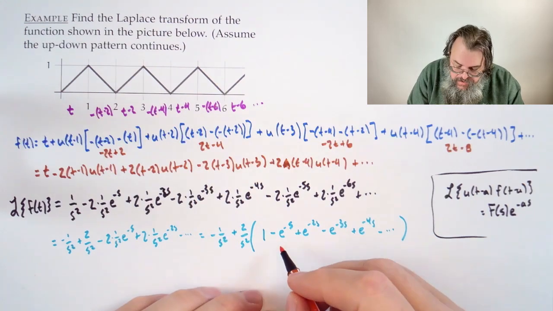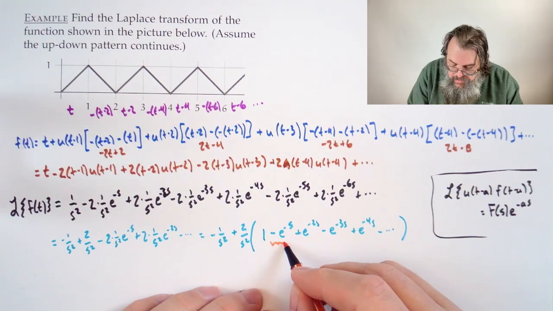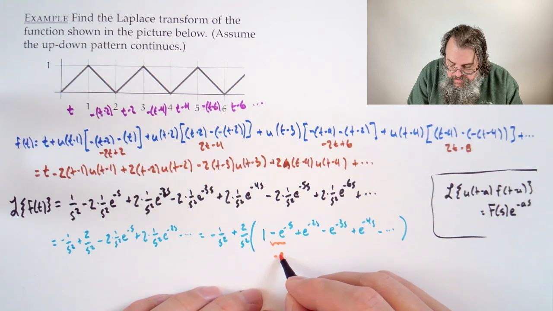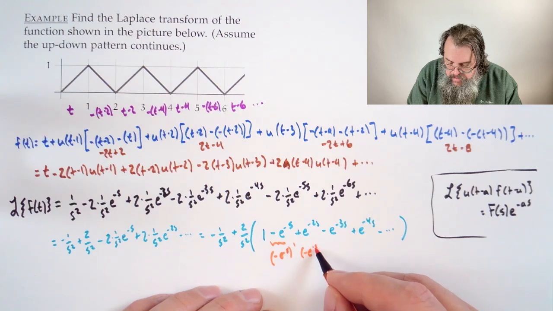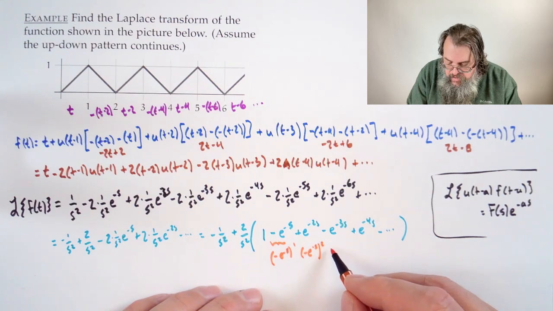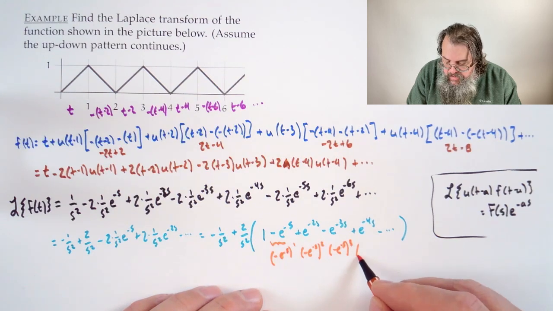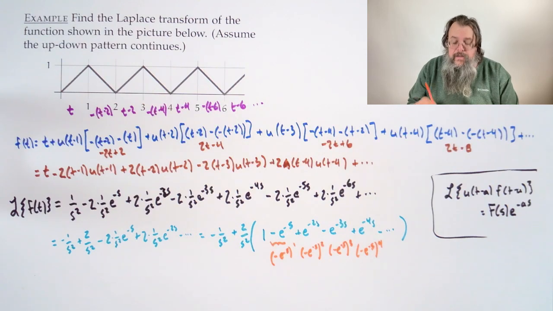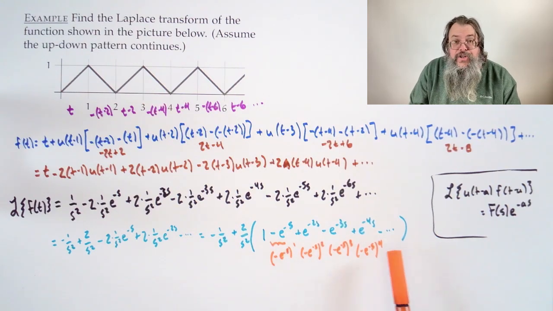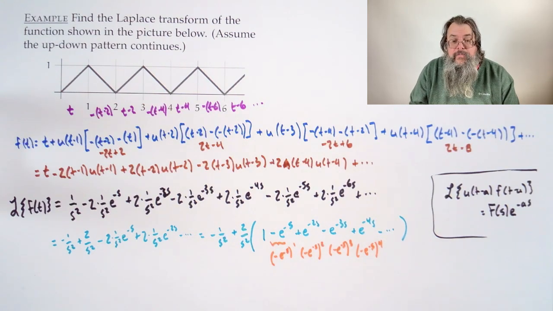And in particular, the moral here is this is the same as minus e to the minus s to the 1. Here, this is minus e to the minus s to the 2. This is minus e to the minus s to the 3. Minus e to the minus s to the 4. In other words, this is a geometric series.